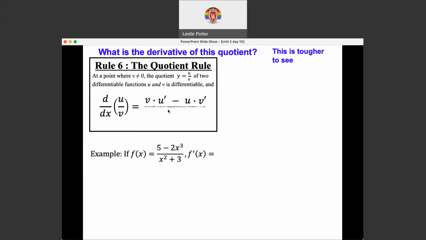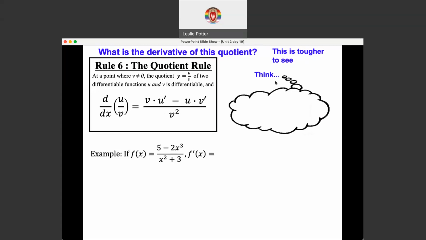And then we divide all of that by the denominator. We don't do anything with it, we just square it. So no derivatives in the denominator, notice. The way I remember this gets to the reason why I reversed these two things.